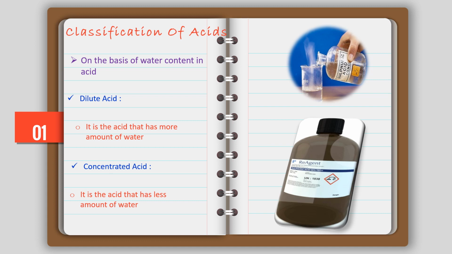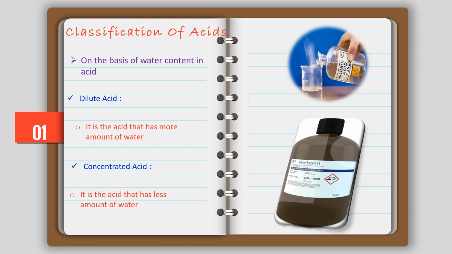Dilute acid is one in which acid content is less but water is more.